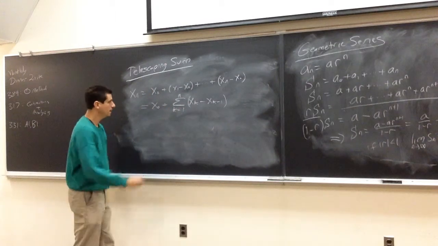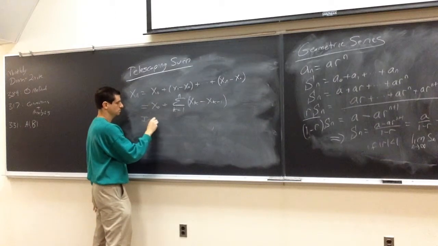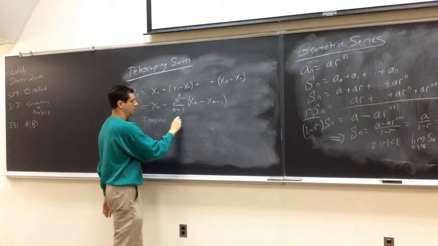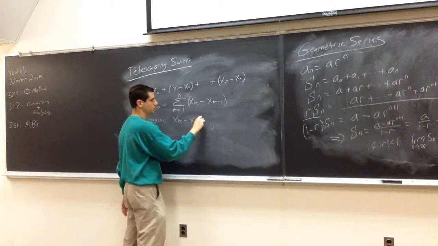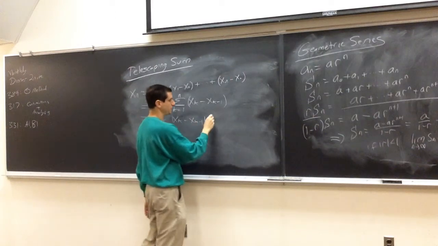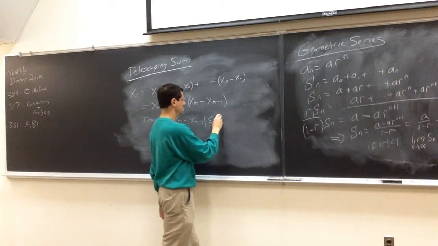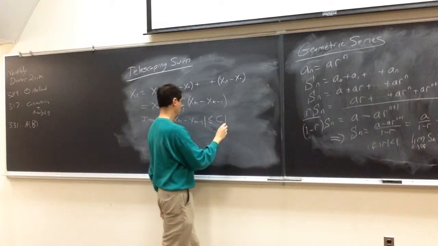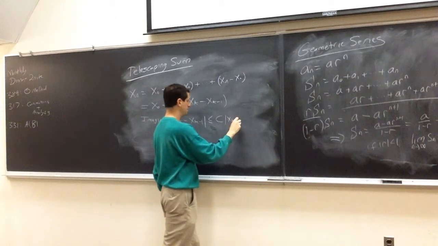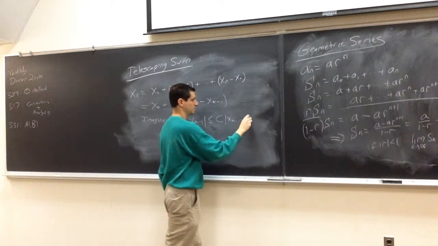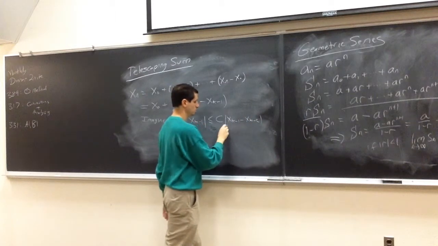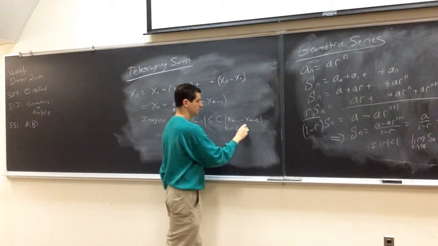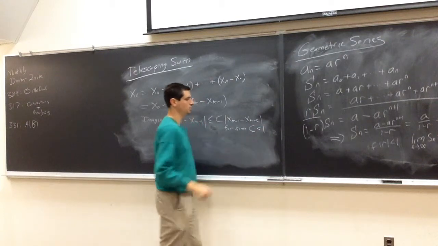So now, imagine xk minus xk minus 1 in absolute value is less than or equal to c times xk minus 1 minus xk minus 2, for some c strictly less than 1.